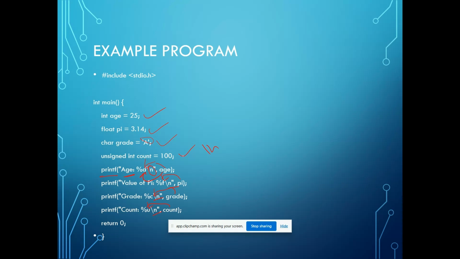So that's the thing you always keep in mind while printing anything related to integer, float, character. Strings you will study later on, and then also signed integers, any kind of variable.